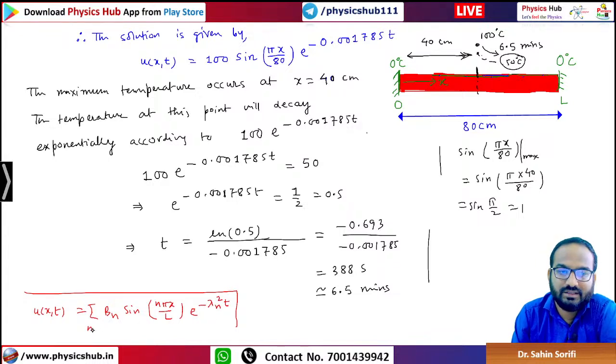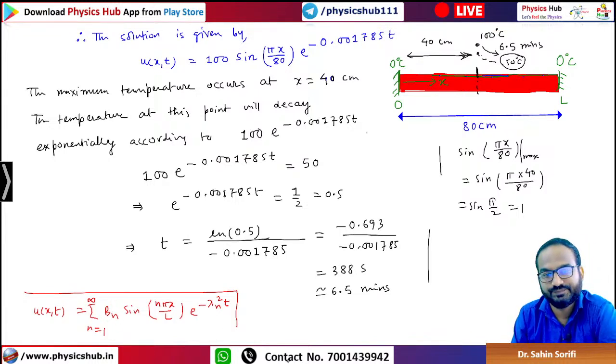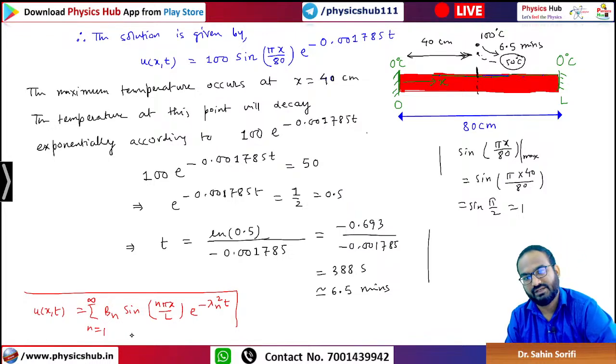So n is equals to 1 to infinity. As you increase the value of n, it represents the higher modes. So here we had sin pi x by l, the first mode n equals to 1.